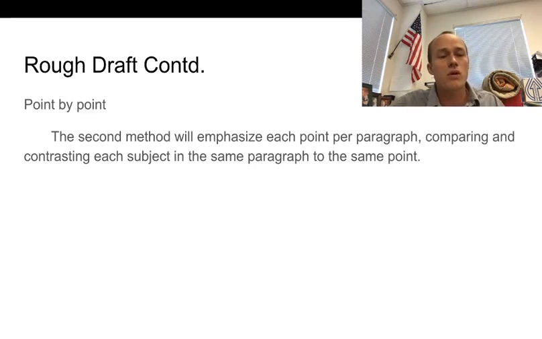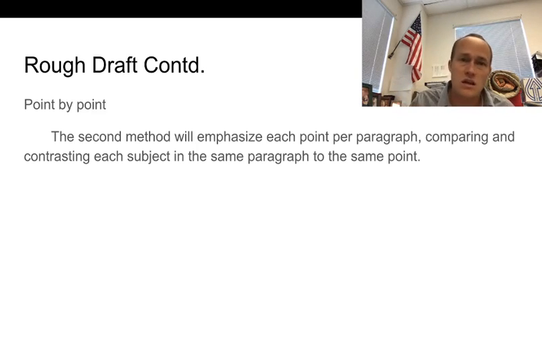Or you can do the point-by-point method, where each paragraph is centered around one point. The first paragraph is about gas mileage. A car has on average 30 miles per gallon, but a truck gets like 10 miles per gallon. And that is it. You discuss that point alone, and then your next paragraph discusses the next point.